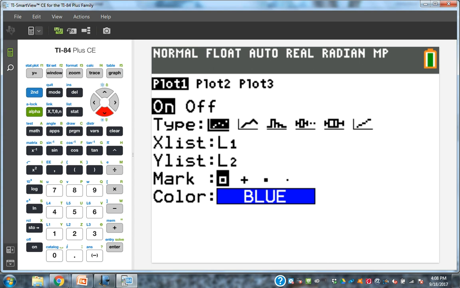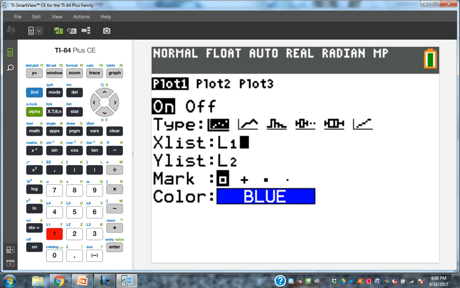X list, where did we put our X values? List 1, right? Make sure that says L1. If for some reason yours doesn't, then when you go down there, you can change that by hitting second and then number 1, and that'll put the list 1. Notice in blue above the number 1, it says L1 right there. That's how you change that list if you ever needed to. Shouldn't need to in this course here.